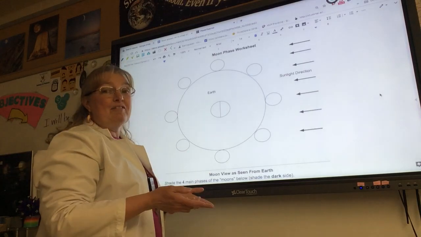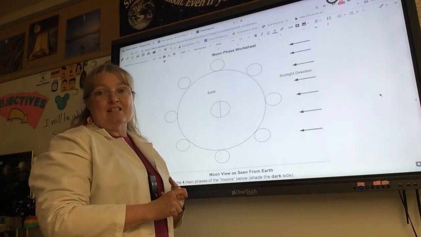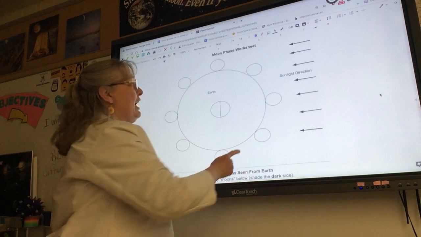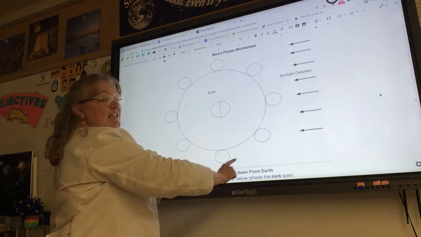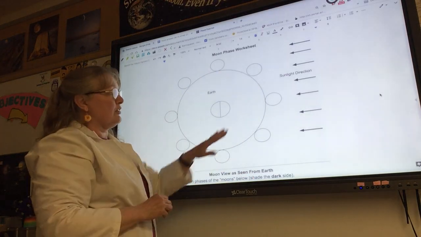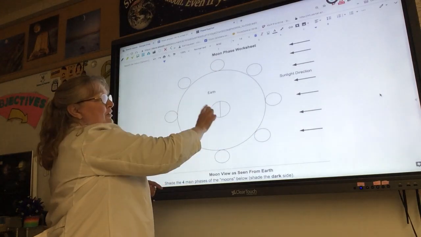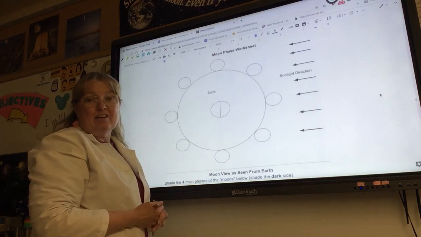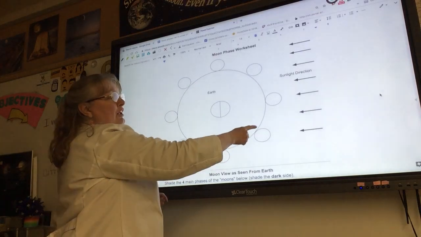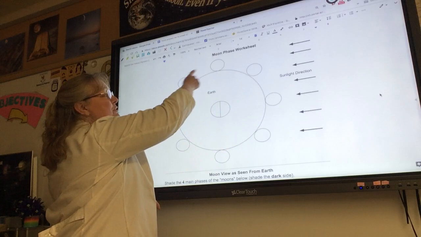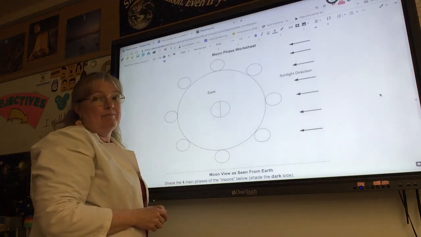All right, so the first thing we have to understand with moon phases is we need a moon. And so each of these circles here around the big circle represent the moon. Now, notice they go around the Earth, which is positioned in the center. So what do we call a pathway that goes around a planet?